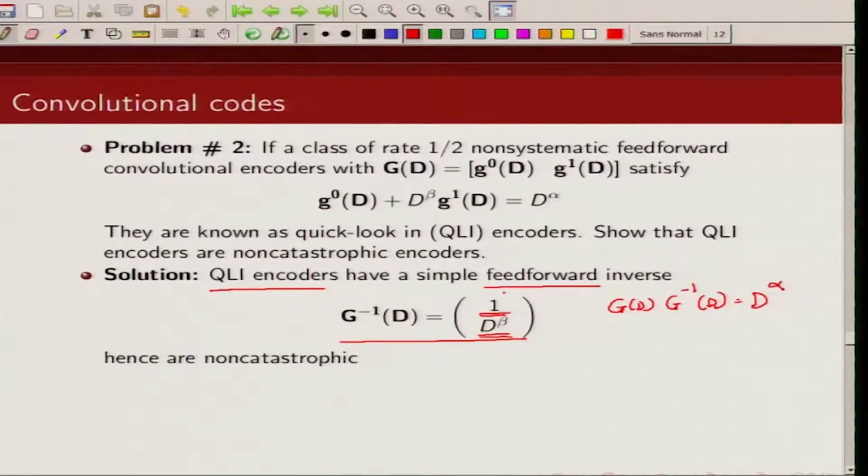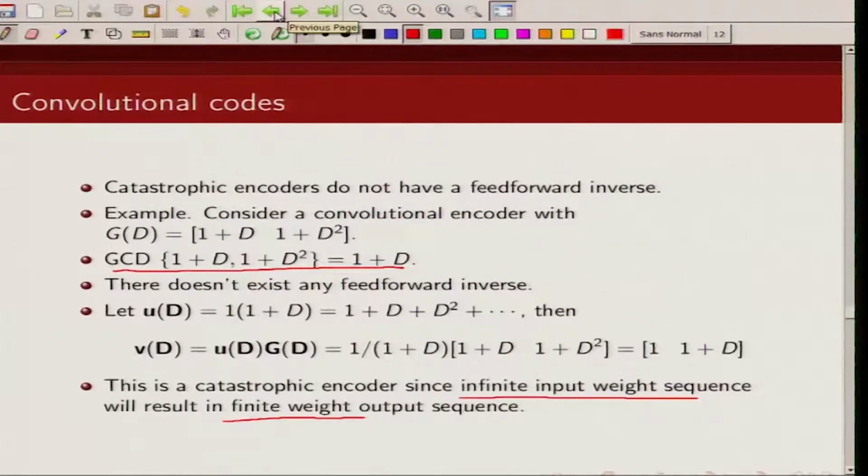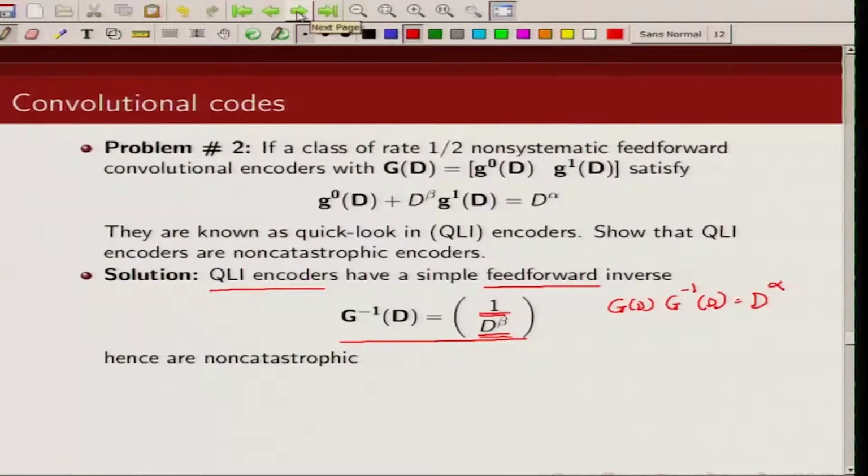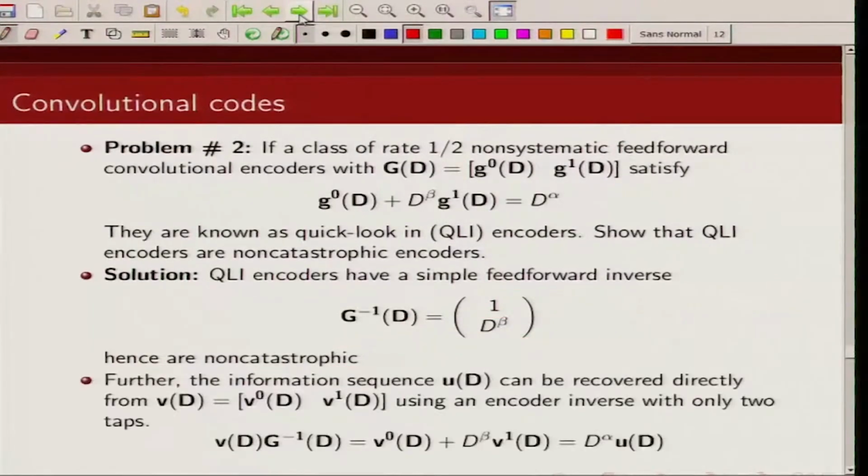We just showed in the previous slide that a catastrophic encoder does not have a feed forward inverse, and since this has a feed forward inverse, this cannot be a catastrophic encoder. So, because they have a feed forward inverse, they are not catastrophic.